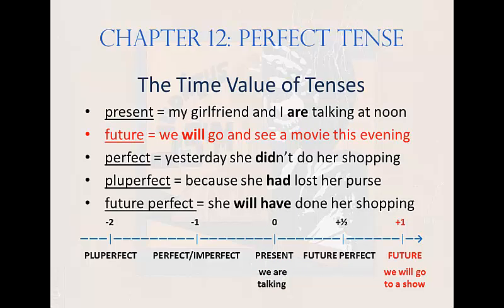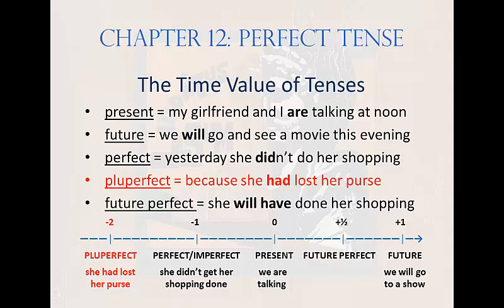But because my girlfriend in the past didn't get her shopping done, since she had pluperfectly at some point prior to that point in the past lost her purse, now she's going to go do it, and by the time she gets to the movie in the future this evening, she will have done her shopping, making her the queen of the future perfect, which is why we must marry and have many children.